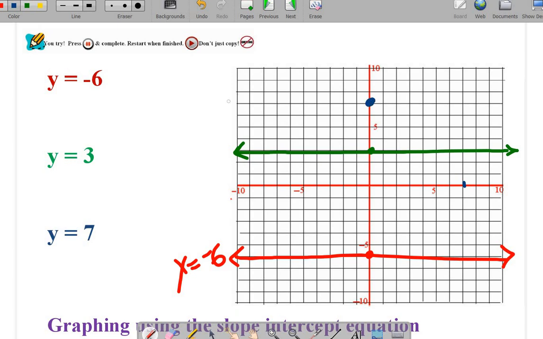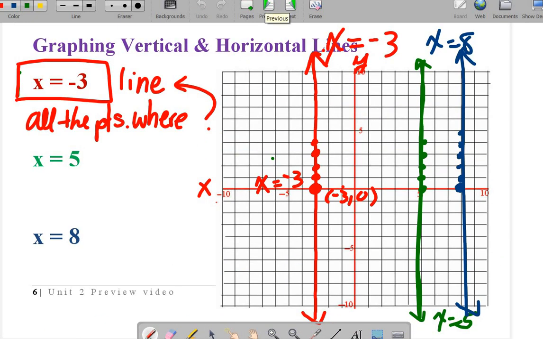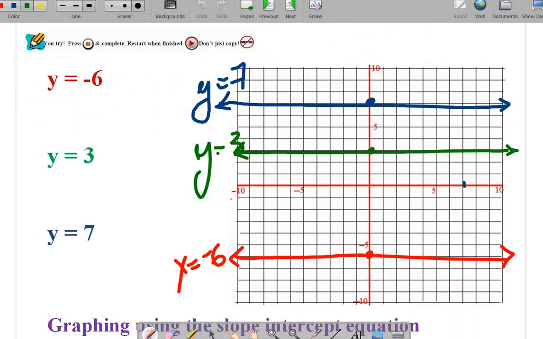So here's a quick summary. All the x equal lines are vertical. All the y equal lines are horizontal.